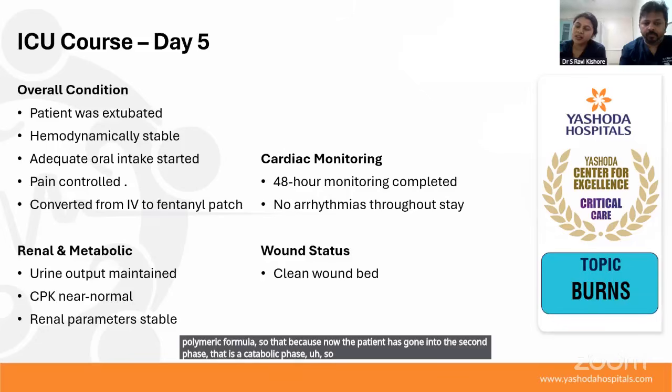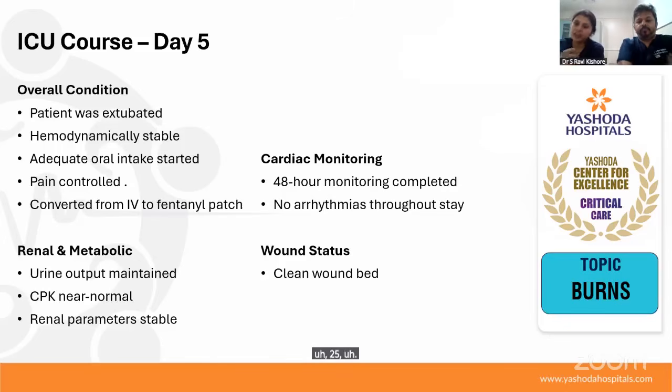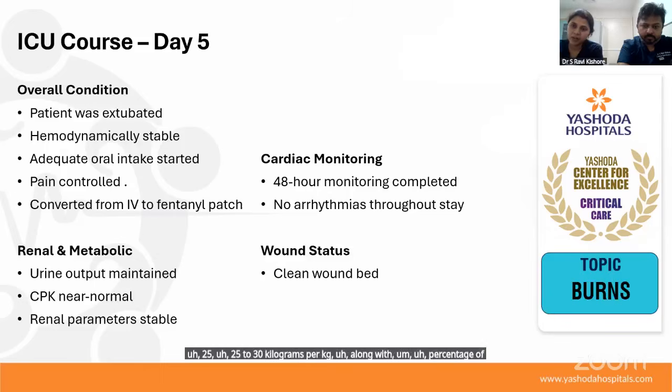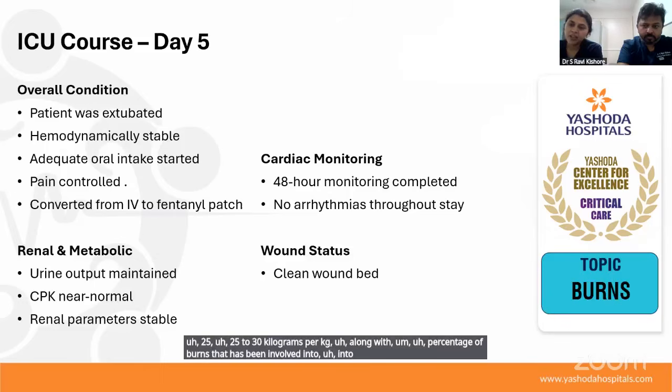In this phase, the patient needs 25 to 30 kilocalories per kg, with the percentage of burns involved being 40. In the macronutrient portion, protein should be 2 grams per kg.